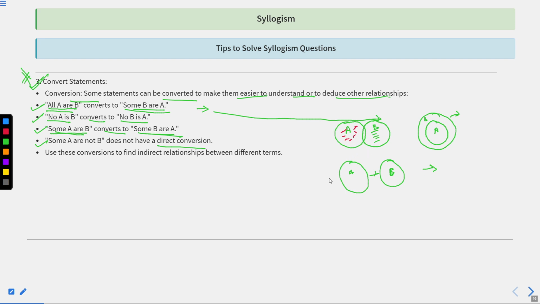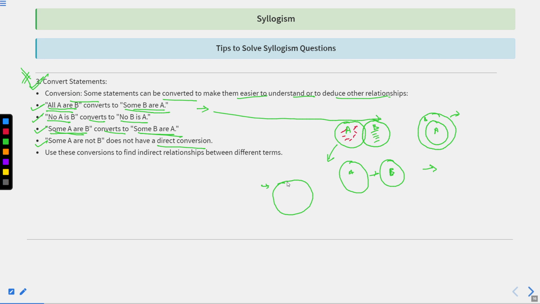Because this representation could have been in this particular manner also. This is A and this is B. This diagram could have also been represented in another manner.